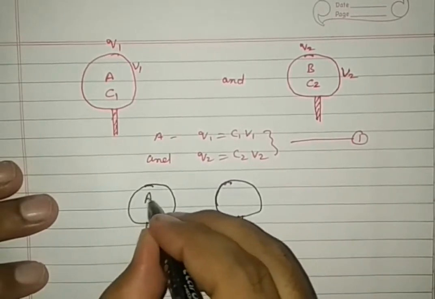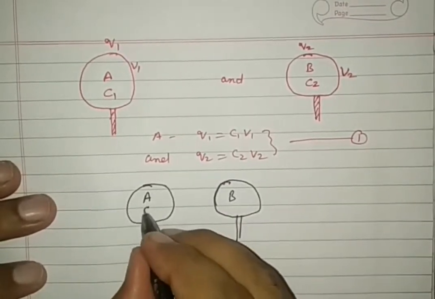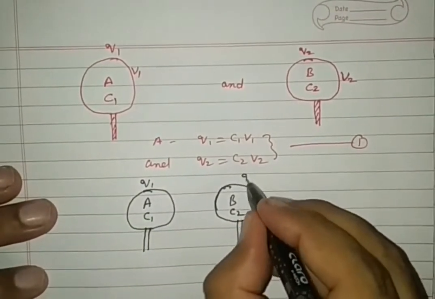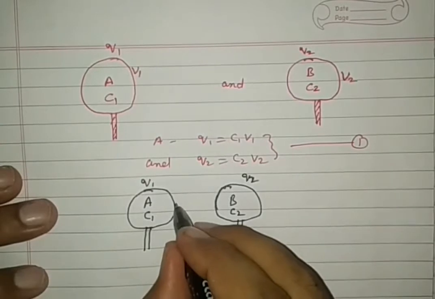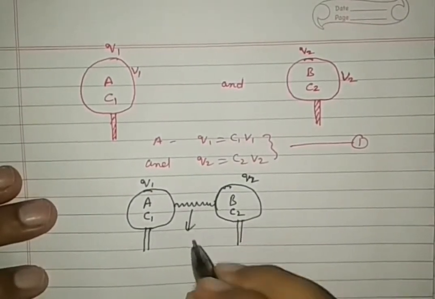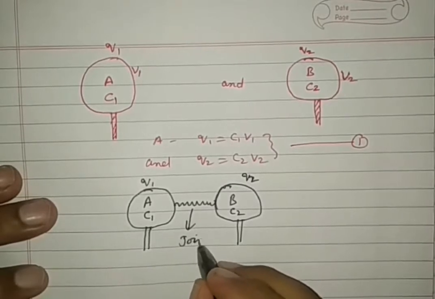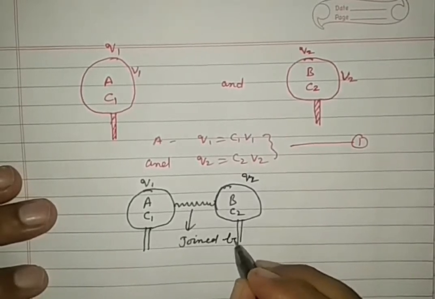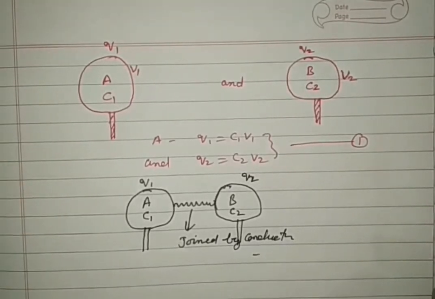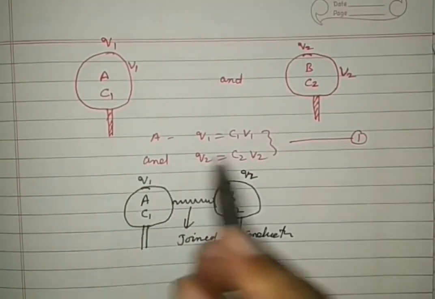Both capacitors A and B, their capacitances are C1 and C2 having charges Q1 and Q2, both joined by a wire conductor. Right? Before connecting they have potentials V1 and V2.